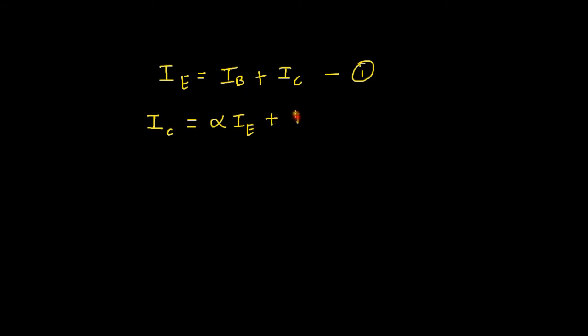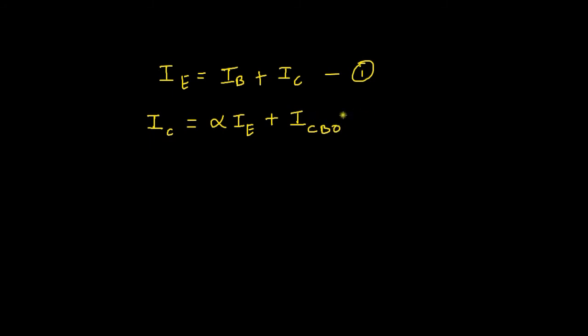Remember that we are dealing with an NPN BJT transistor. So we define two things. The total emitter current is equal to the sum of base current plus collector current. This is equation 1. And also we have defined that IC, the collector current, is not only a part of emitter current, but there also exists a current called the reverse saturation current ICBO, which exists irrespective of whether the emitter is open or not.